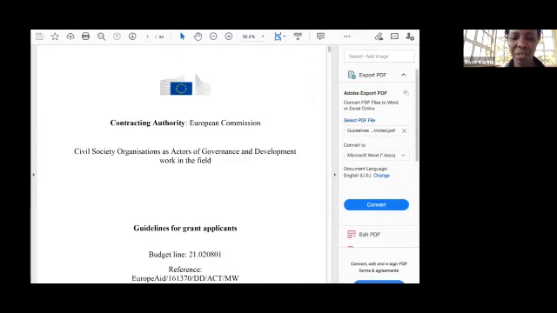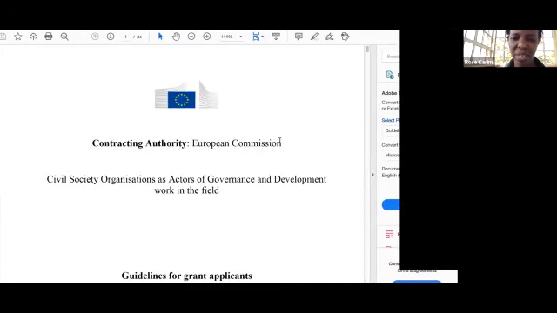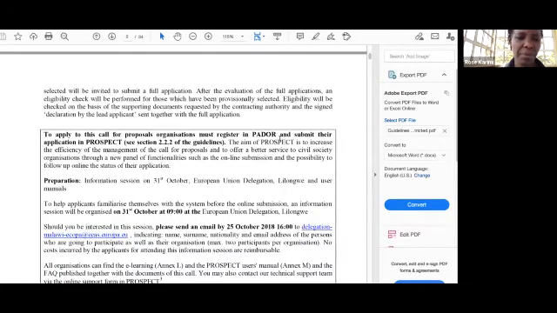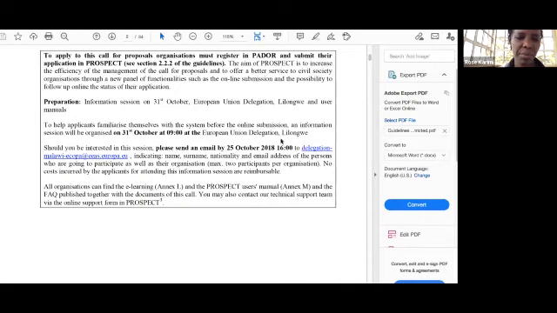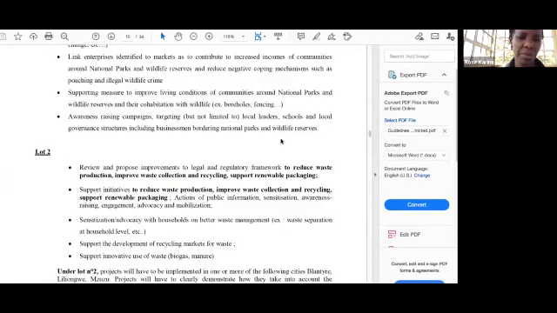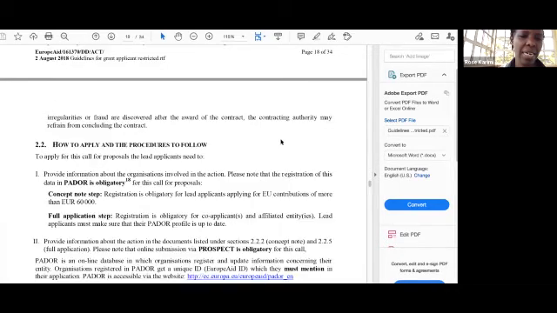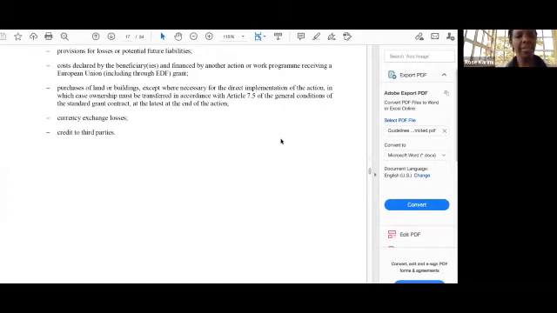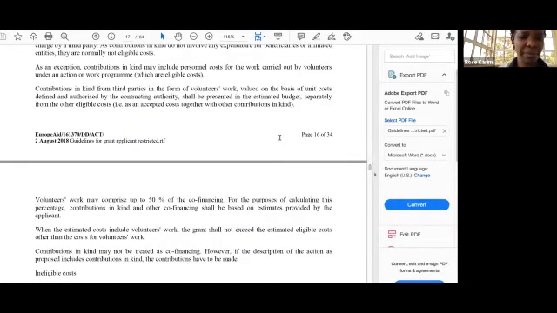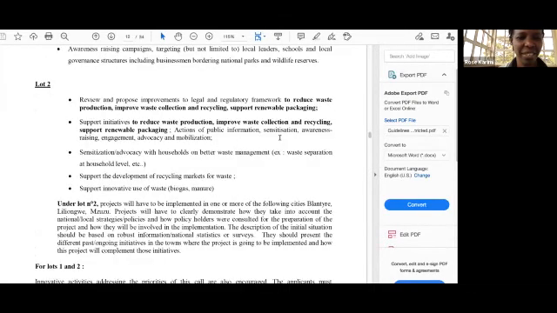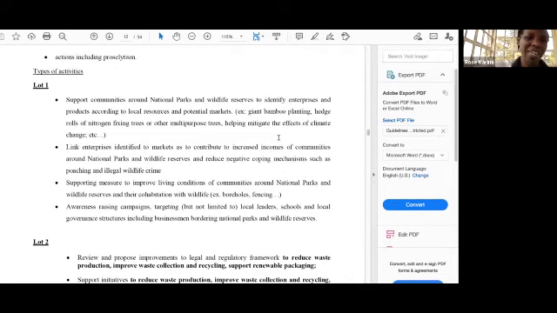You can move to the objectives, I think page 1 or 2. Go to lot 1. There is lot 1 above, exactly. And the objectives are up there.